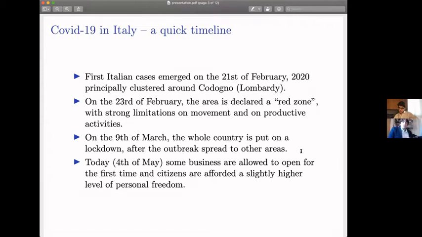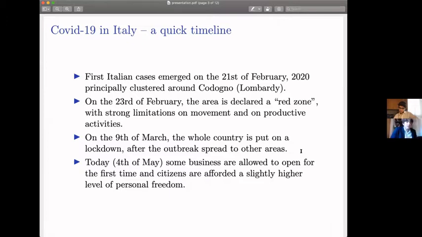These measures were driven by the high number of deaths caused by the virus and the risk of collapse of the national health system caused by the high propagation speed of the virus and by the risk of not having enough ICUs to handle the situation. The turning point was on the 9th of March, when the whole country was put on a lockdown because of cases starting to emerge throughout the national territory and in regions who were not previously affected.